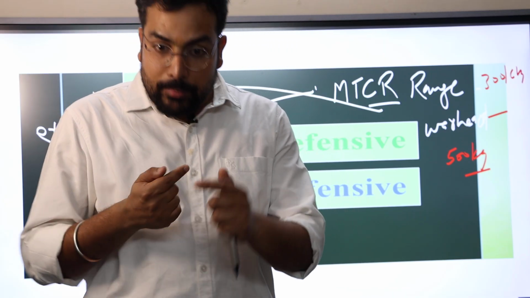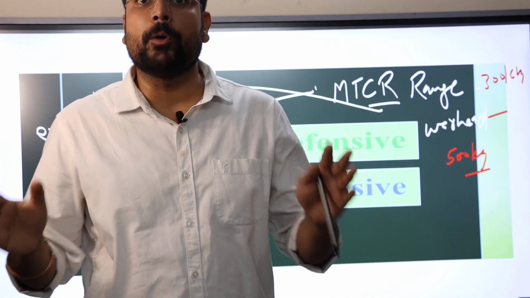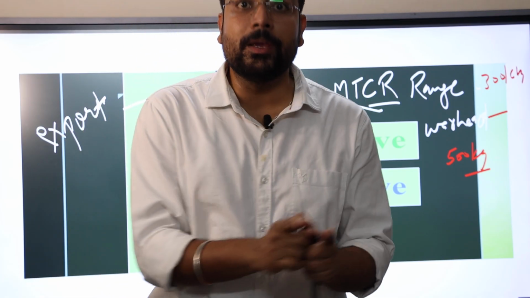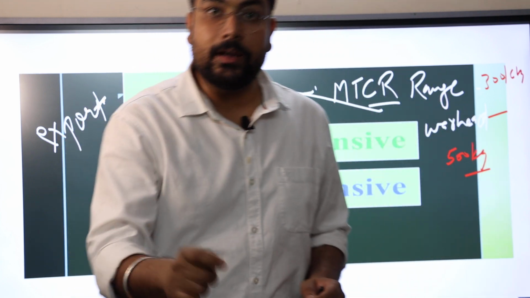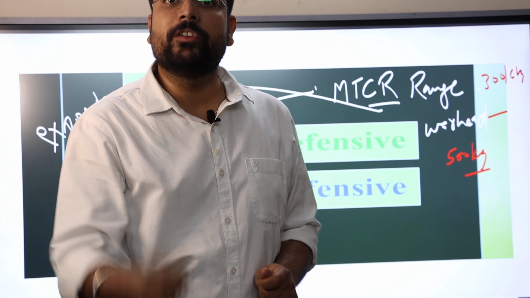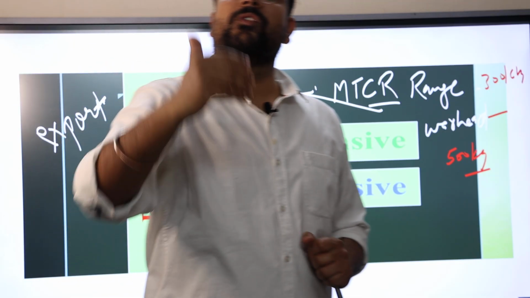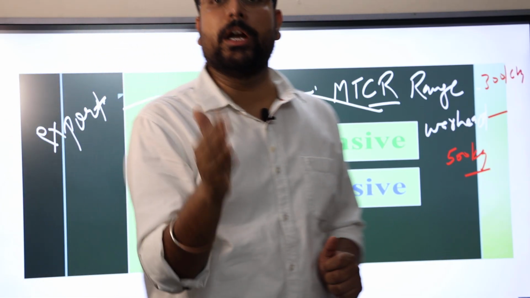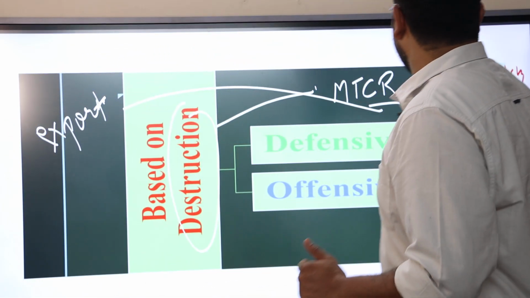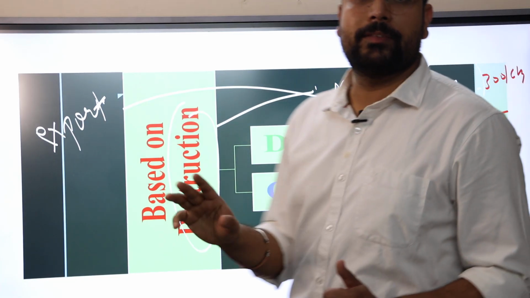But in order to maintain trade relations, a country which is a member of MTCR shall never export missiles having a range of more than 300 kilometers or a warhead capacity of more than 500 kilograms. This is one of the conditions. Based on this condition, there are two categories of missile, namely defensive and offensive.